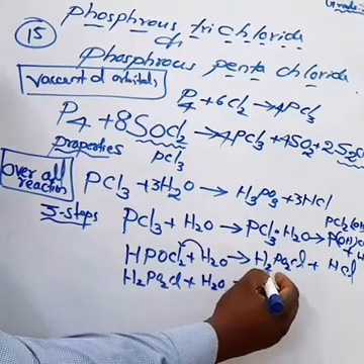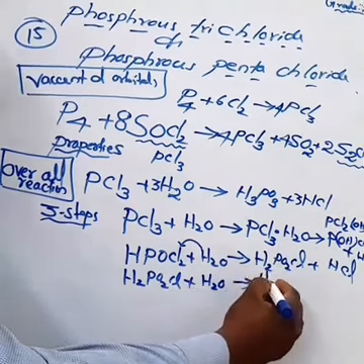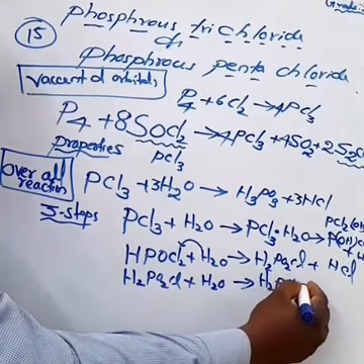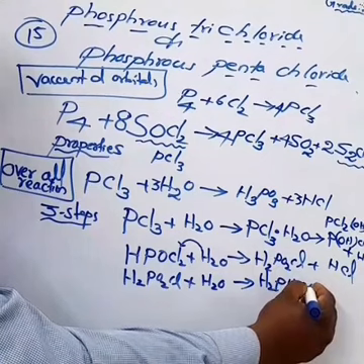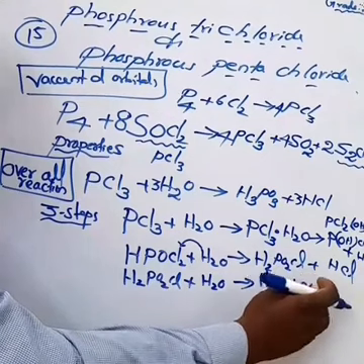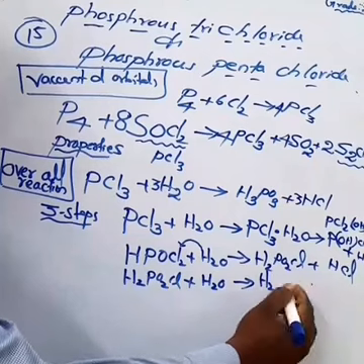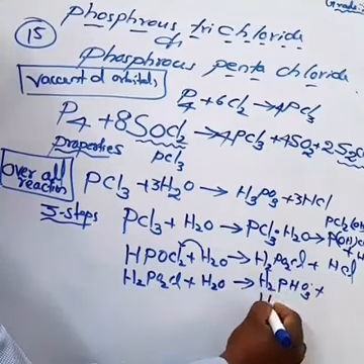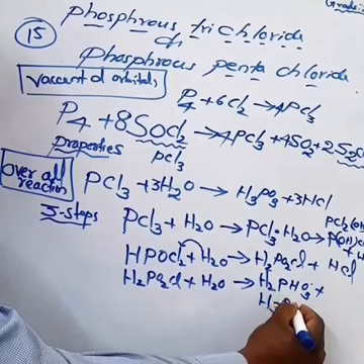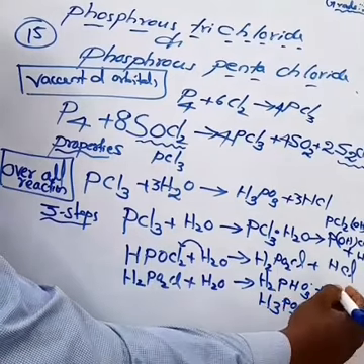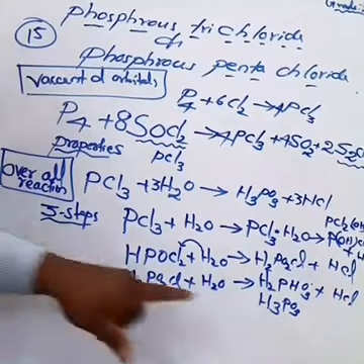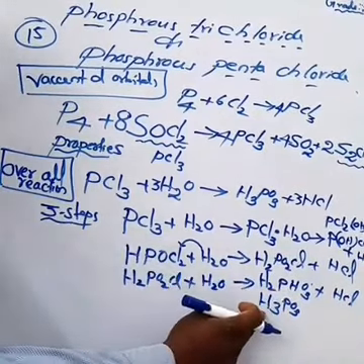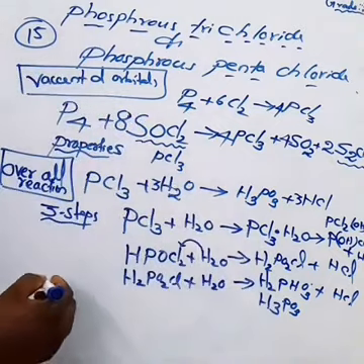It can be written as H2PHO3, otherwise H3PO3. H3PO3 plus HCl. What is H3PO3? Phosphorous acid. Now we get the phosphorous acid product.